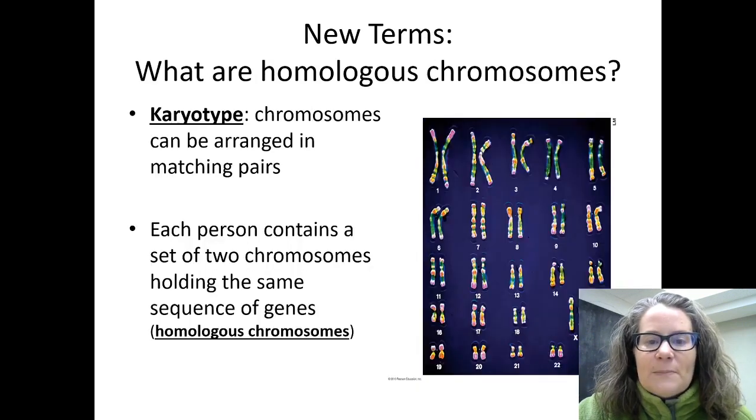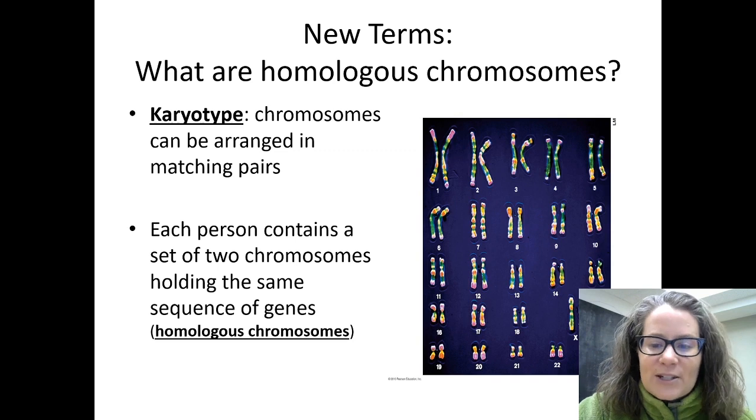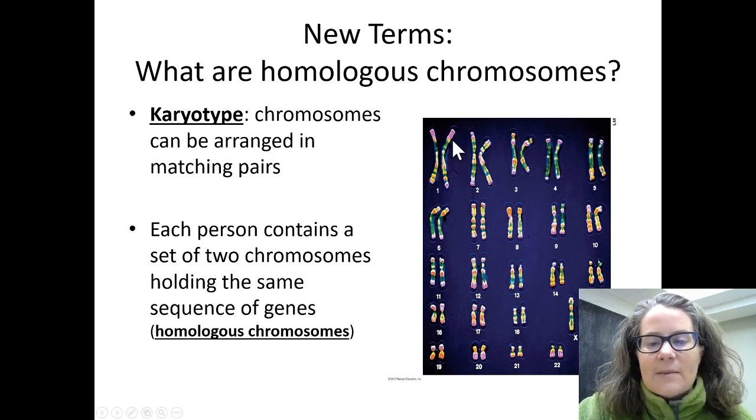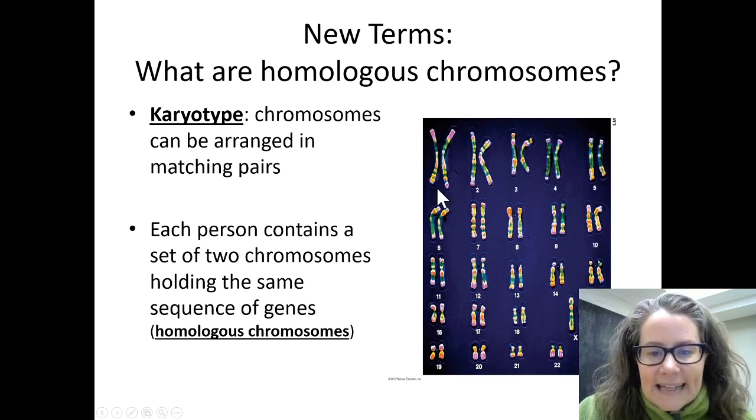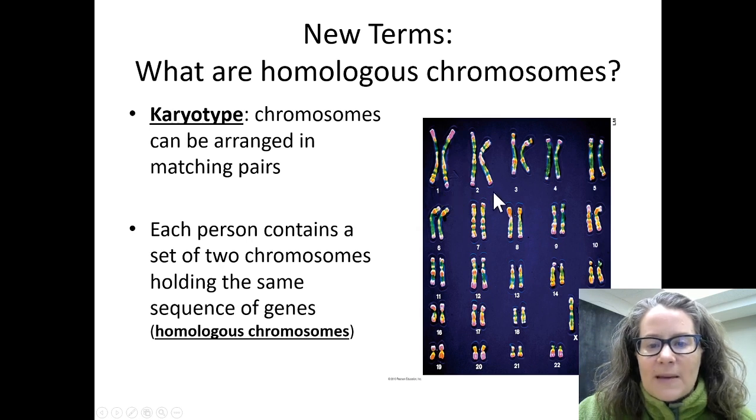All right, before we begin, there are a few vocabulary terms that I think you need to know in order to understand this. So over here in this picture, I have a karyotype, and a karyotype is where we take all of the human chromosomes and we actually link them up by their length. We then group them into sets.